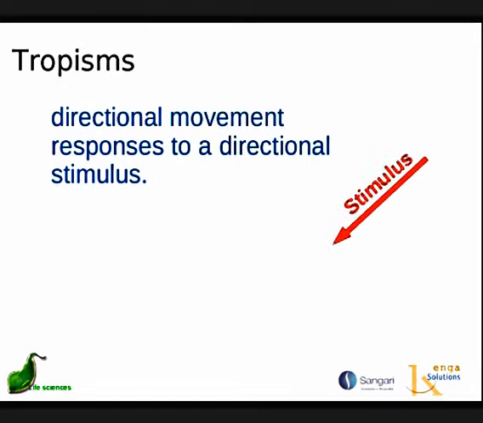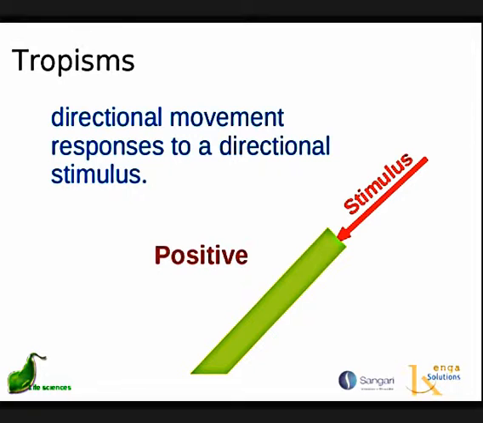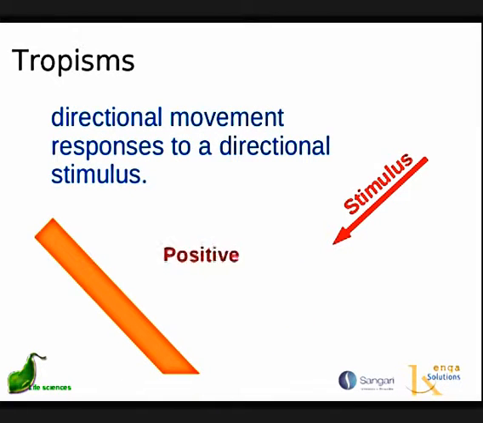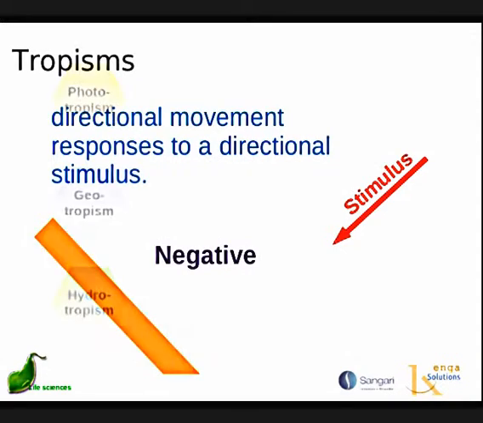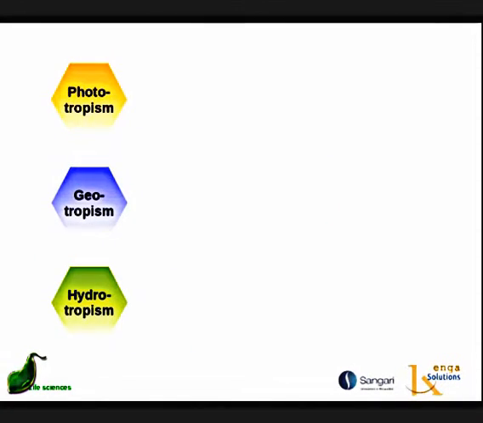The stimulus is directional, and the movement might be positive towards the stimulus, or it might be negative away from the stimulus. Now, there are three types of tropisms that we will consider: phototropism, geotropism, and hydrotropism.